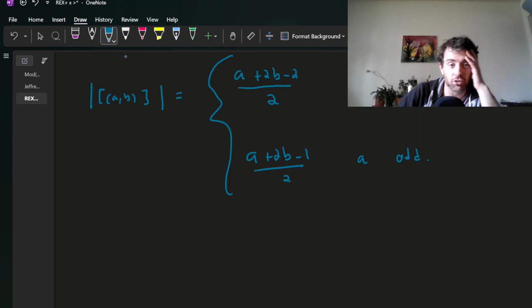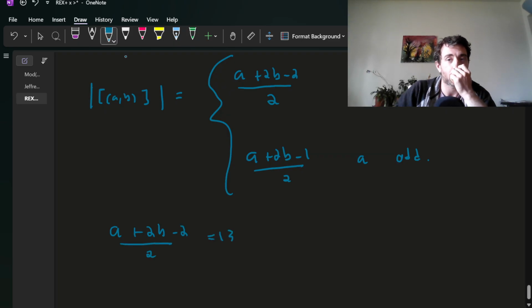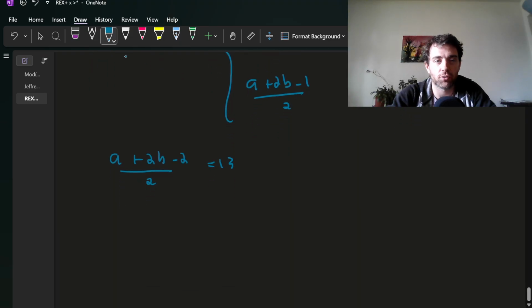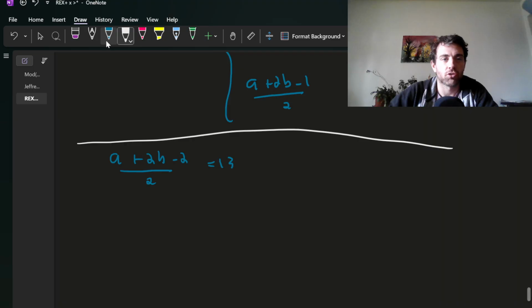So we just need to ask ourselves, is it possible? Can we solve (A + 2B − 2)/2 equal to 13 for A even? So let's see if we can solve this. A is even, so let's use that information.